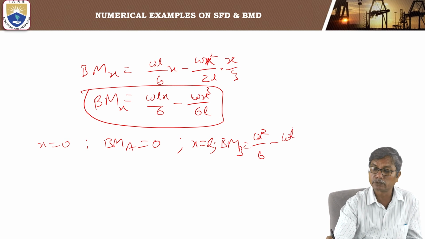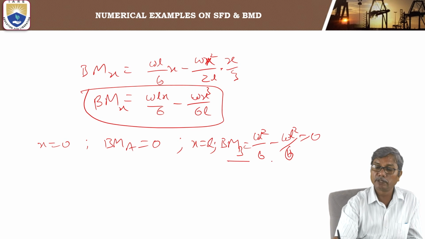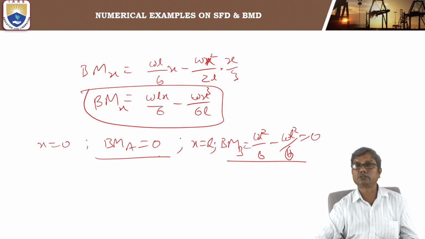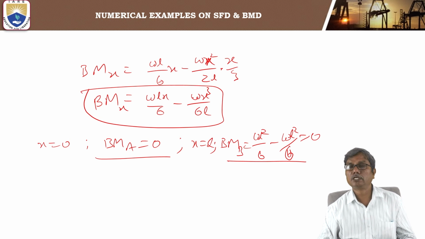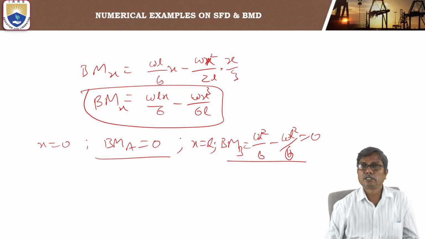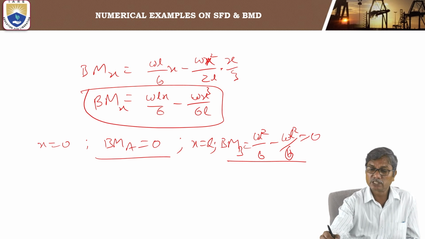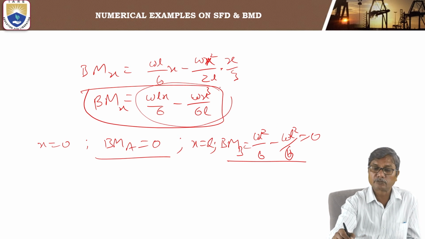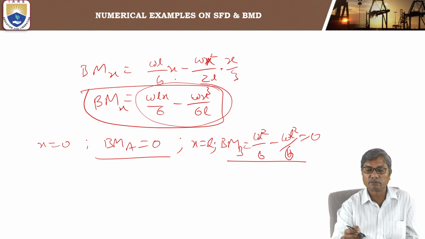That is WL square by 6 only, that is 0. The bending moment at B and bending moment at A are 0. Being simple supports, bending moments at A and B are 0. And how about the variation in between? It is cubic parabola. The variation of bending moment is cubic parabola.